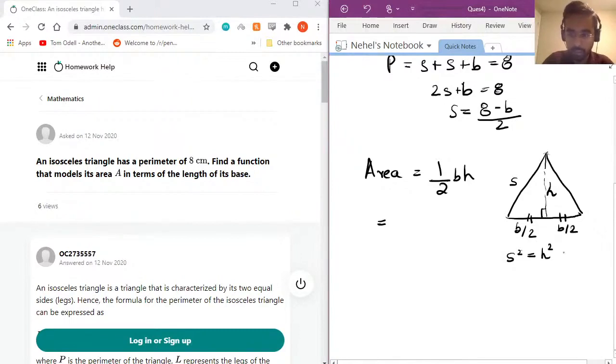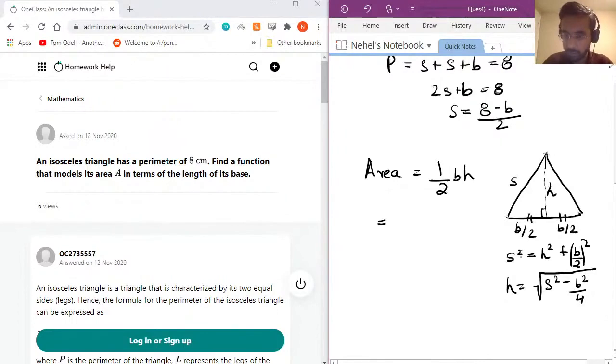So S squared will be equal to h squared plus (b over 2) squared. From this equation we need to separate for h, so we can substitute it in the equation for the area. So we can say h is equal to the square root of s squared minus b squared over 4.